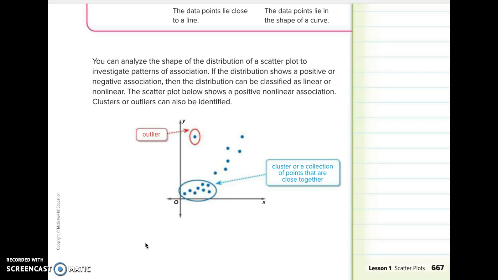The scatter plot below shows a positive nonlinear association. The dots go up, but they curve. They are positive because they go up, but nonlinear because they have a curve to them.